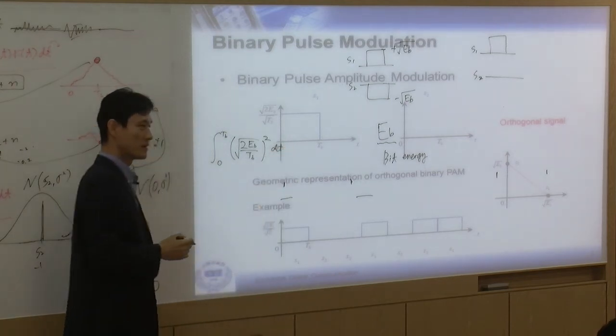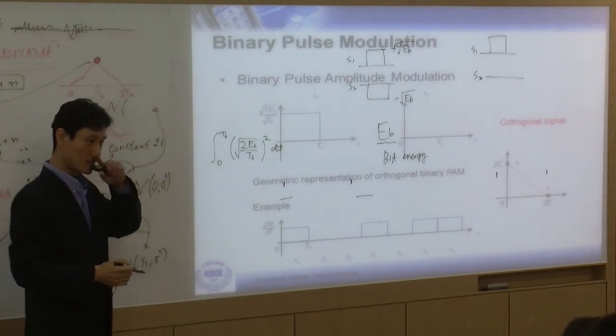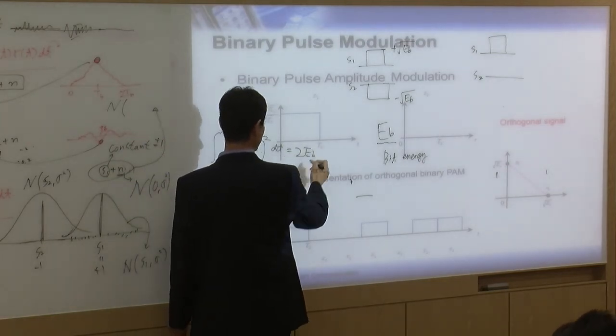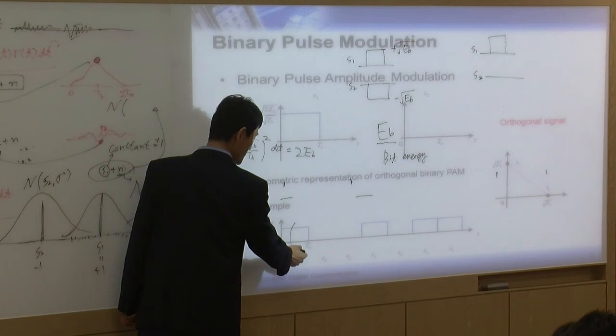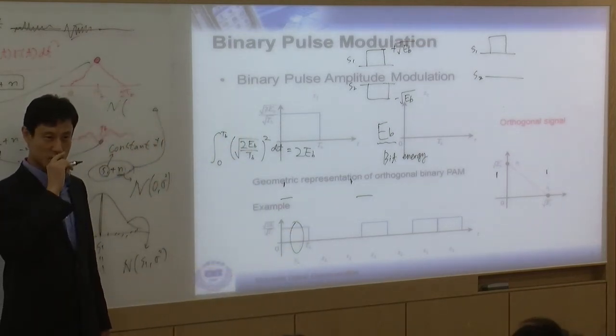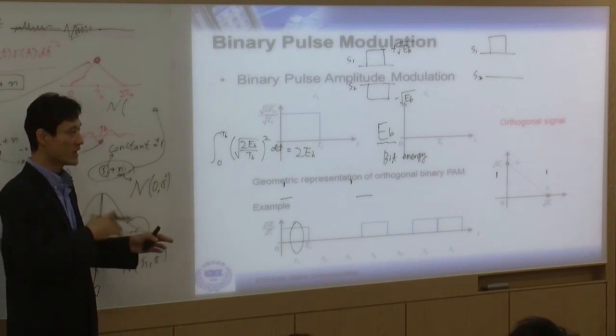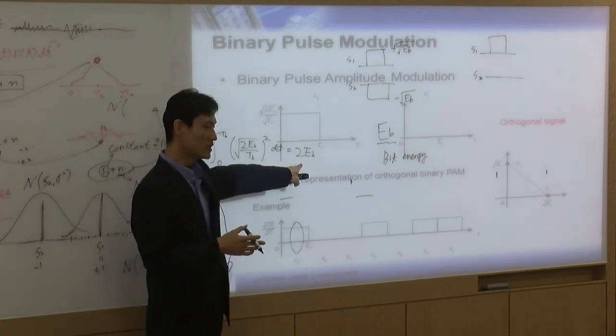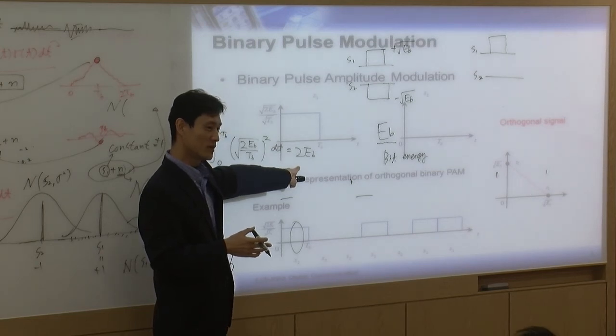What do you get? It's going to be 2 EB. Oh, we have 2 times EB here. Something is wrong, right? Because what I want is the average bit energy to be EB, but in this case it's 2 EB. What's wrong?